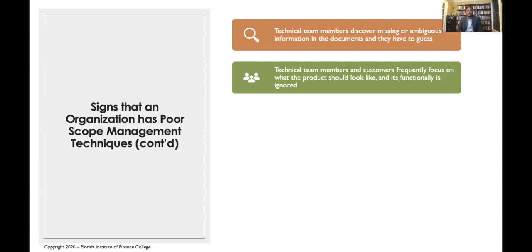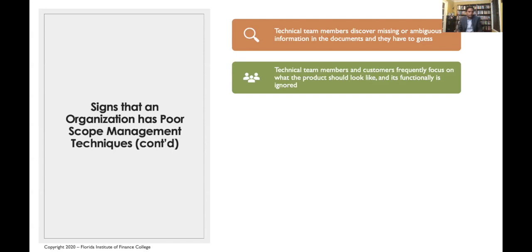Of course, technical team members and customers frequently focus on what the product should look like, and its functionality is ignored. That means if you're looking at the end result, oftentimes the technical folks are focusing on the technical part, but at the end of the day, your product, especially in IT or another area, is used by the layman or the standard people. That means they care more about the functionality of your project than its technical complexity.